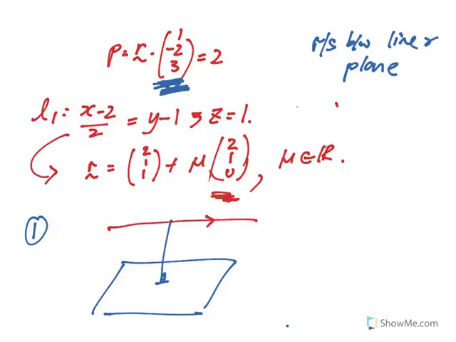If the normal of the plane dot product with the direction vector of the line is equal to 0, what does it mean? It means the line is perpendicular to the normal. Why parallel? If I'm perpendicular to your normal vector, it means I'm parallel to the plane, right? Can you see?